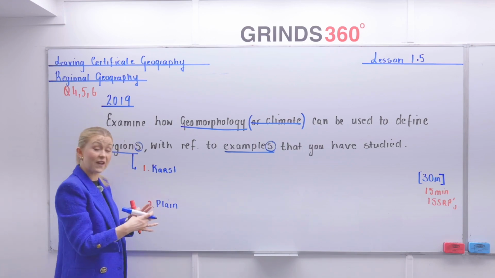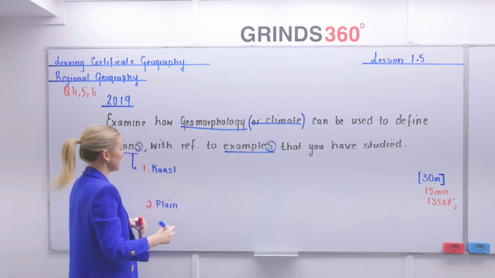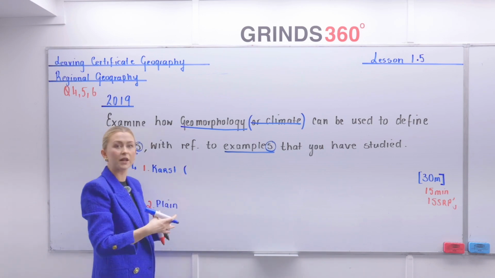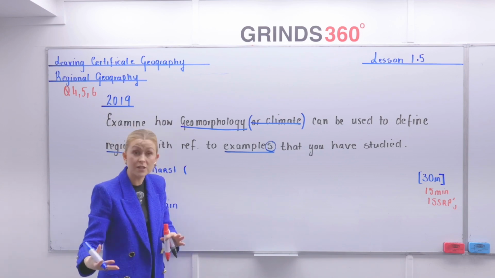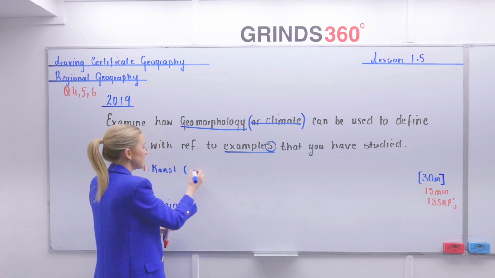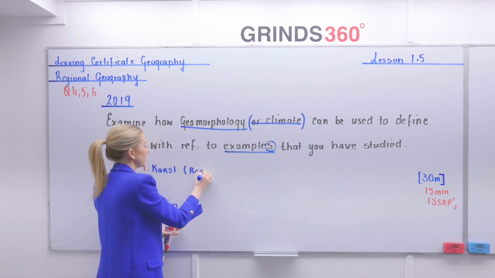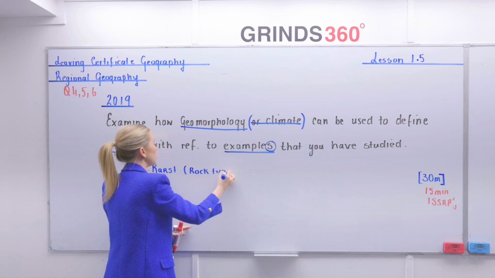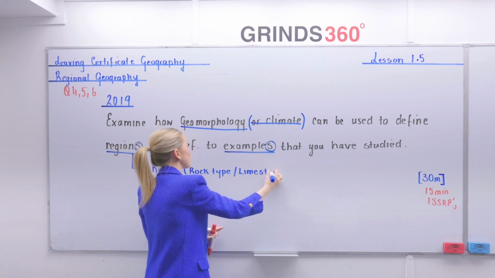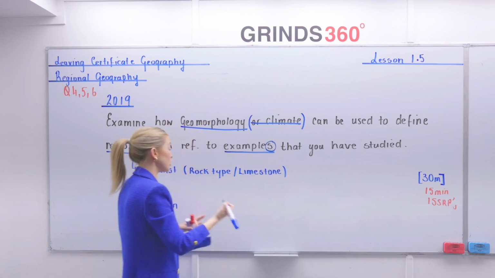It's a very distinctive landscape, whereas a plain is based on relief. So when I speak about karst landscapes, I might say limestone, I might say rock type, I can say whatever I want here. I'm just going to say the words rock type. You can say rock type, or something like limestone, either. Basically, you have a reference to why it's a geomorphological region.